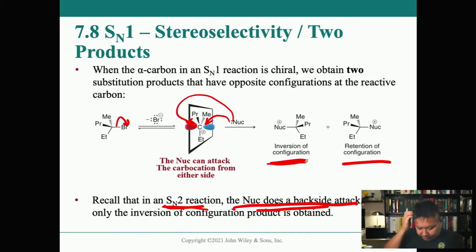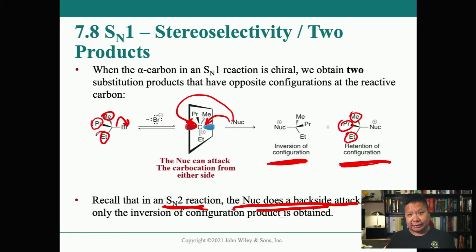But you also get the retention of the configuration too, where all these are still in the same positions as they were with the substrate.